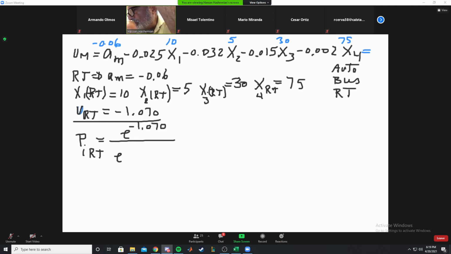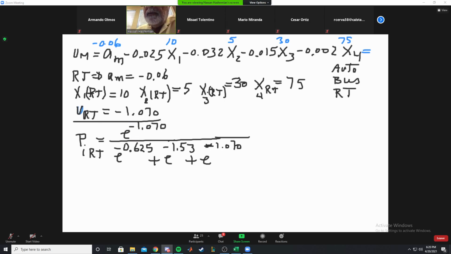We already got the utility of a, which was minus 0.625, plus e to the power of the utility of bus, which was minus 1.53, plus e to the power of the utility of rapid transit, minus 1.070.